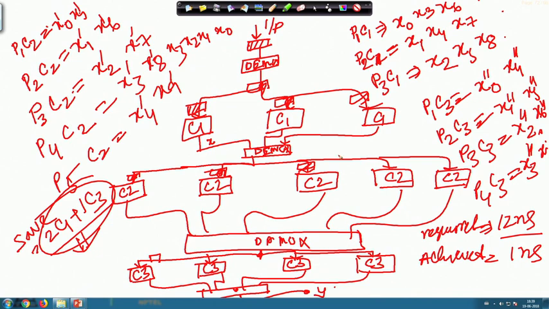Along with the registers, we have put extra registers also, that means 3 registers for this 3, 5 registers for this 5 and 4 registers for this. That means, here I have saved 2 C1, 1 C3 plus total 3 registers.